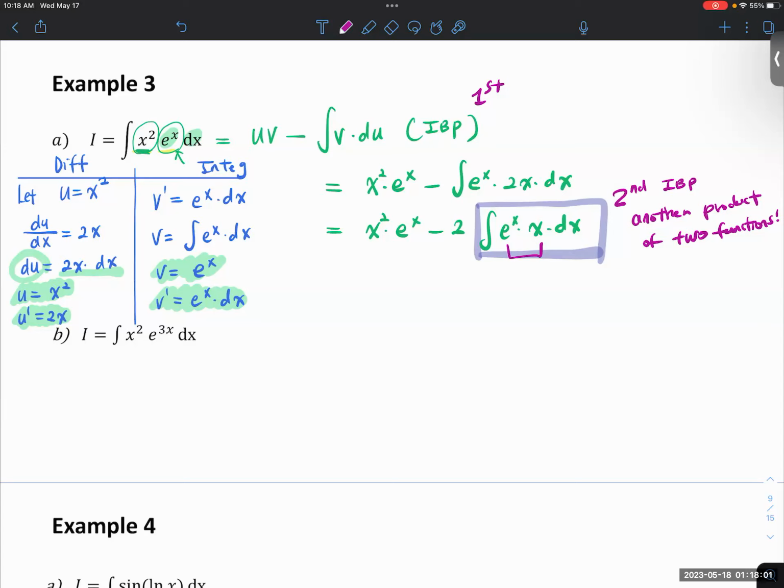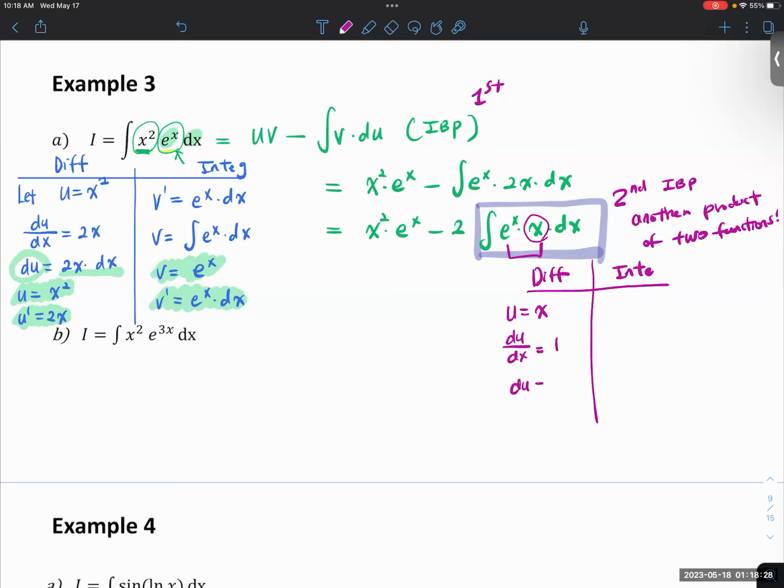So we're going to utilize the same thing, e to the x times x. So always x has priority in the base. This is x to the 1. So you're going to utilize the second IBP, taking the differentiation, taking the integral. So this time, u will be x, so u prime will be 1. In other words, this is du over dx.